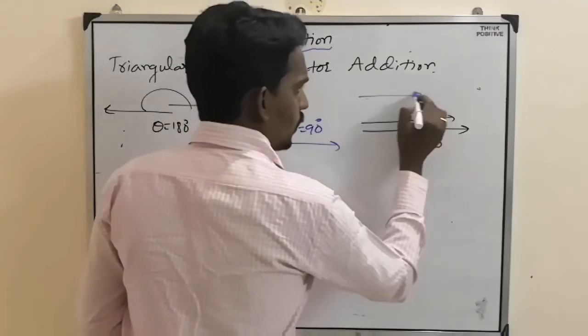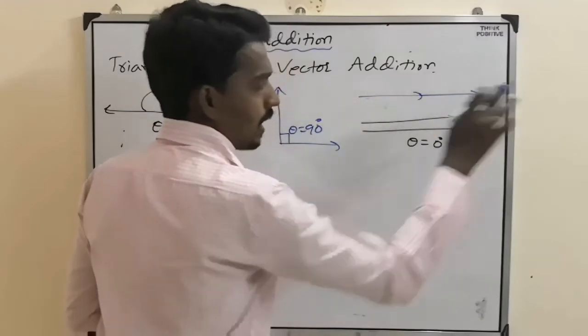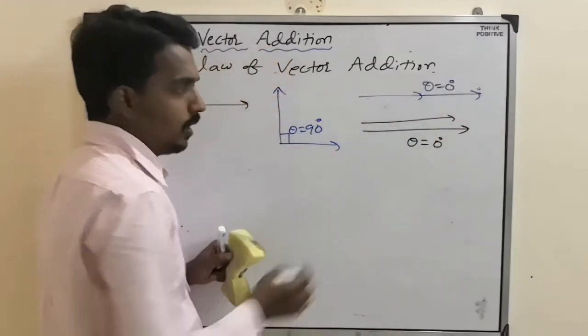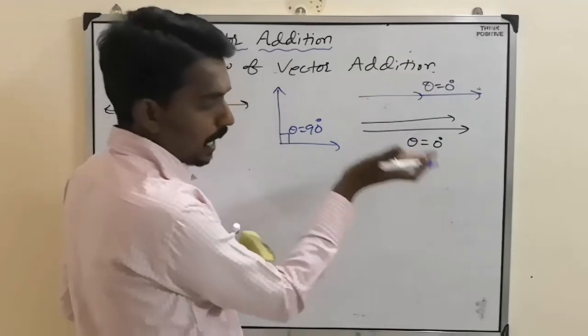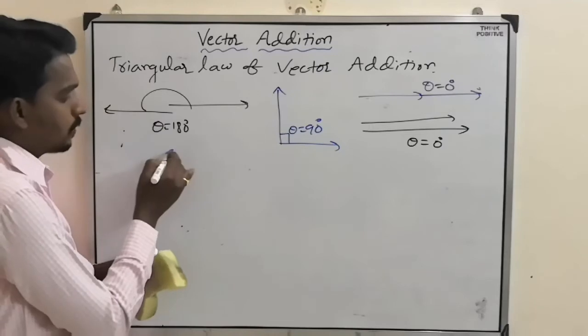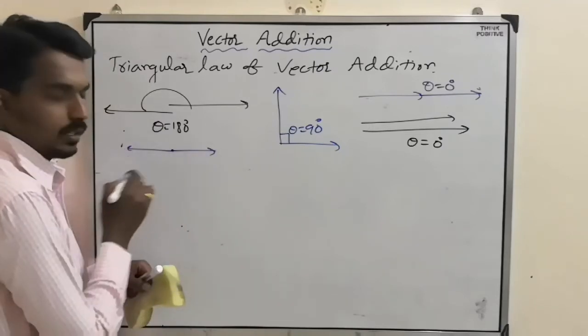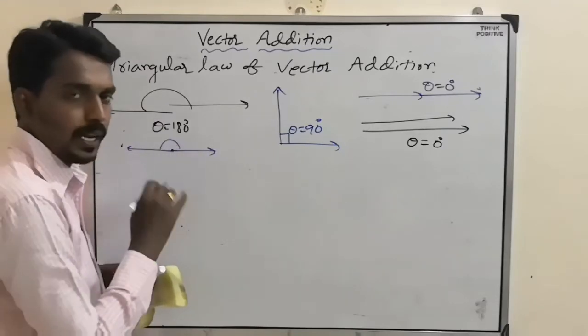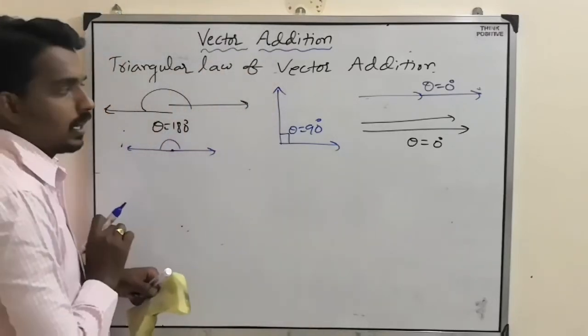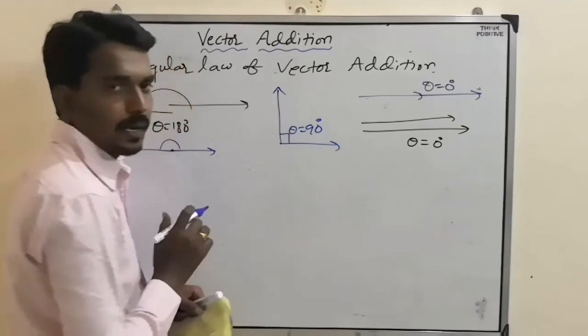Both vectors may be along the same line, then theta 0; both may be opposite to each other, that is theta 180. These are parallel, these are anti-parallel, these are perpendicular.